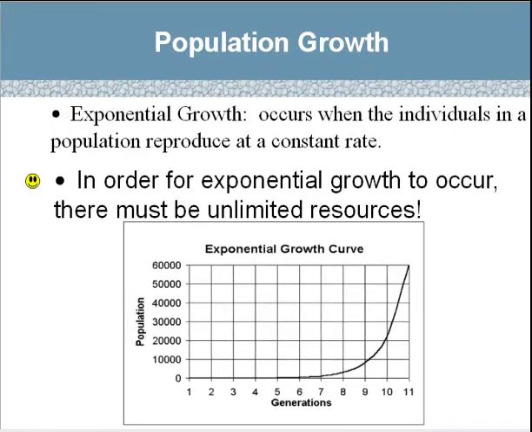In order for exponential growth to occur, there has to be unlimited resources, which means there has to be enough food, enough water, enough shelter, etc., for all of those species to be able to survive in that population. If the resources become limited, then they will not be allowed to grow at that steady rate because not all of them will survive.